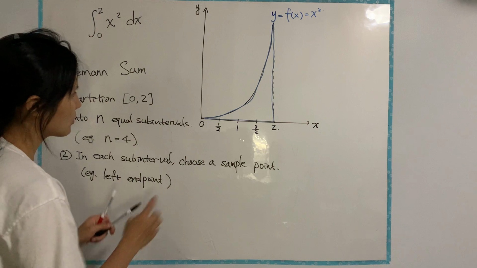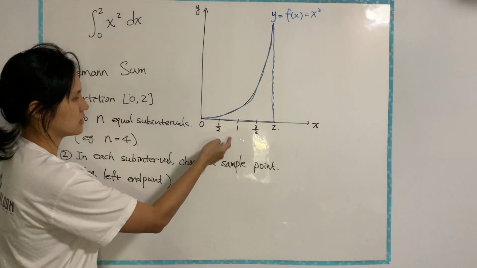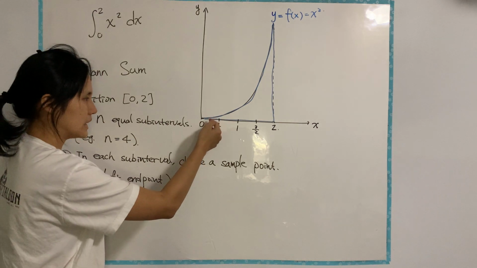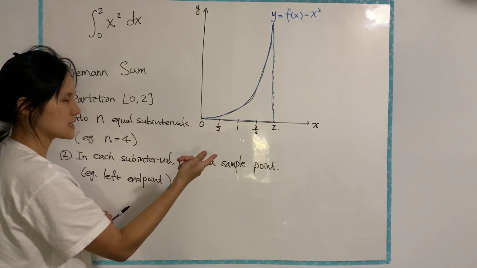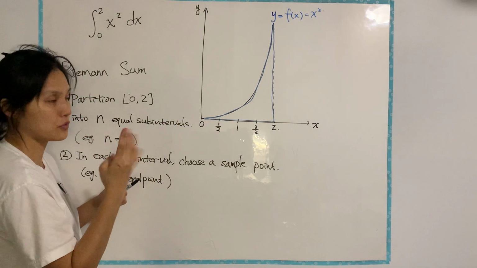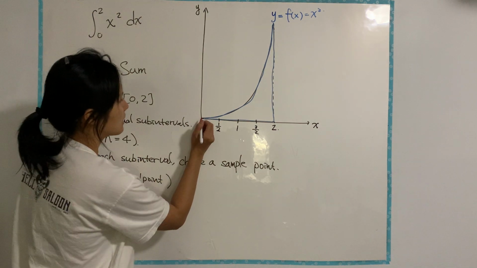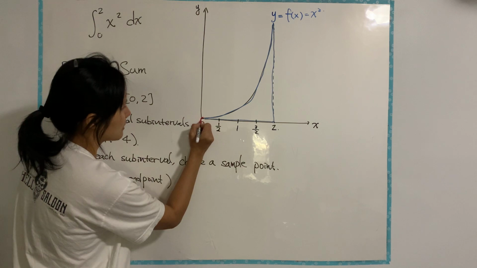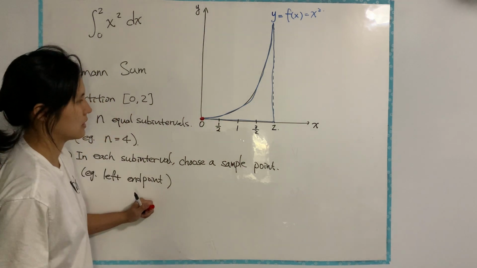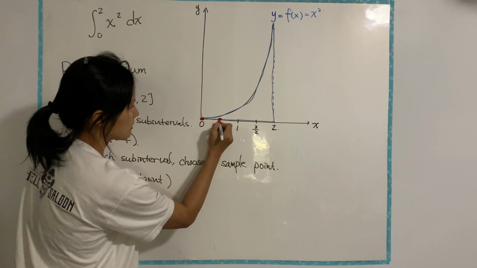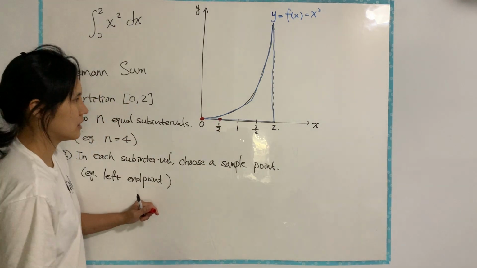Okay. So we have how many subintervals here? 1, 2, 3, 4. So for each interval, we're going to choose one sample point. So in total, we'll have 4. Okay. So if I want to choose the left endpoint in this interval, my left endpoint is this one. In the interval from 1/2 to 1, the left endpoint is here.